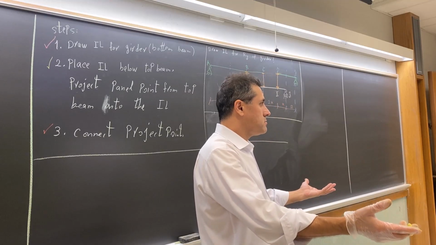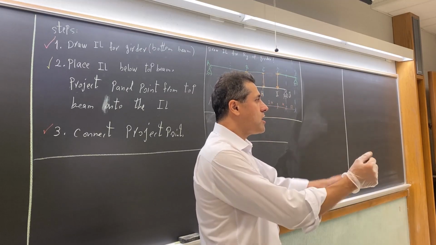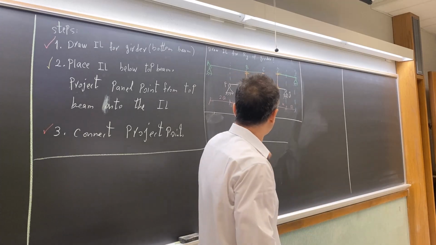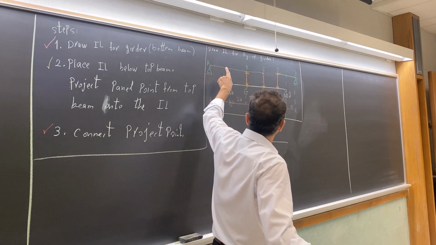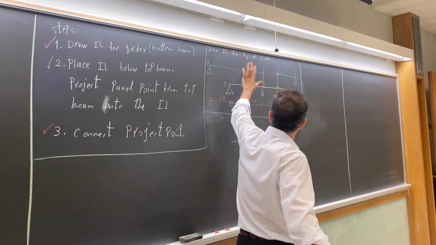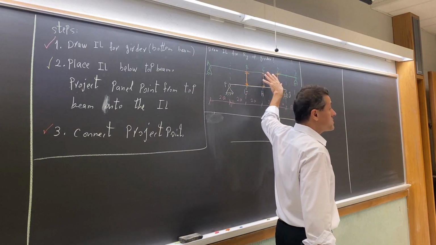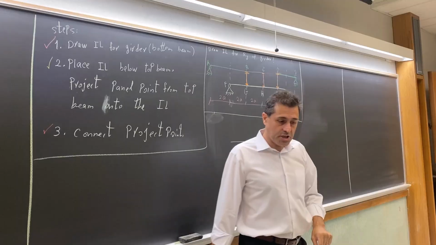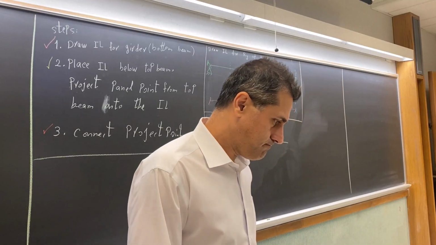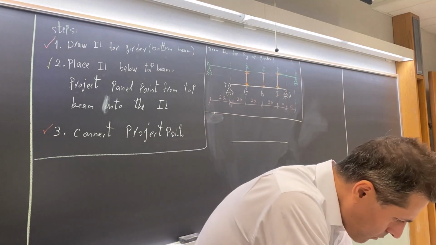Slab, right? For reality. Yeah, you drive your car on the slab of the bridge. So the unit load moves from A to B, from B to C, and then it doesn't move from C to D, and then from D to E.